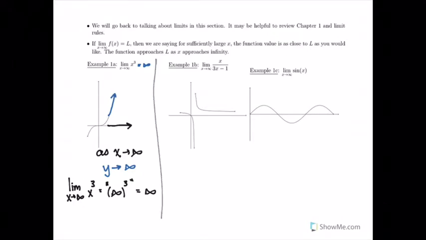Let's look at example 1b now. We're going to do the same thing. As x approaches infinity, we're going to let x get bigger and bigger and bigger going along the x-axis. What happens to the corresponding y values? In this case, it definitely doesn't seem like the y values get really, really big or really, really small, going to infinity or negative infinity.